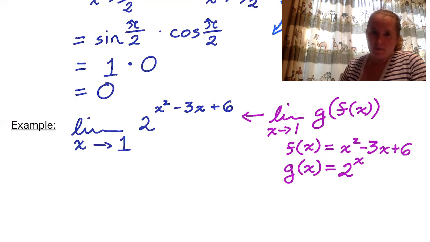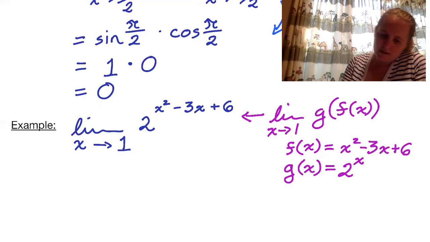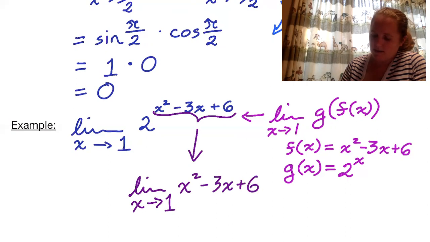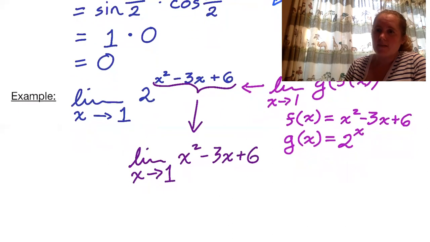So if we take just the inside function, x squared minus 3x plus 6, and we do the limit as x approaches 1 of x squared minus 3x plus 6, then we can just evaluate.